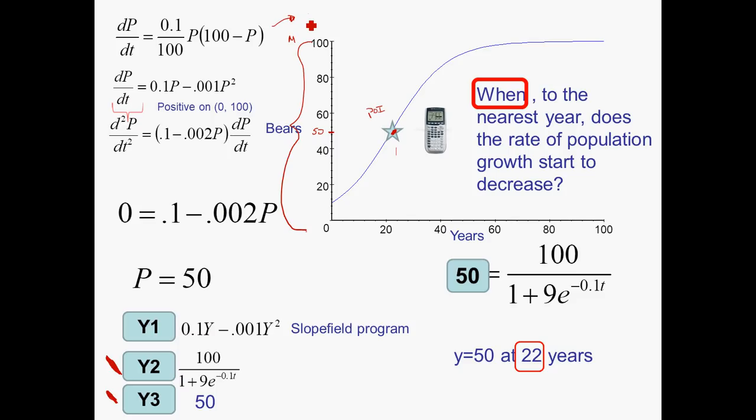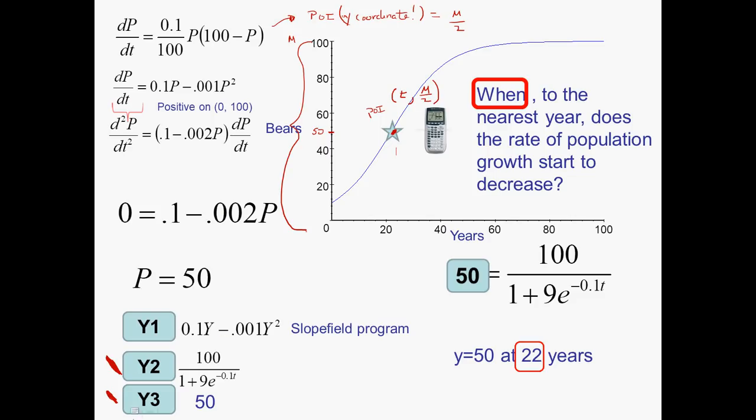So as long as you have this separable differential equation, the y coordinate of the point of inflection will always be M over 2. So POI will always be t comma M over 2.